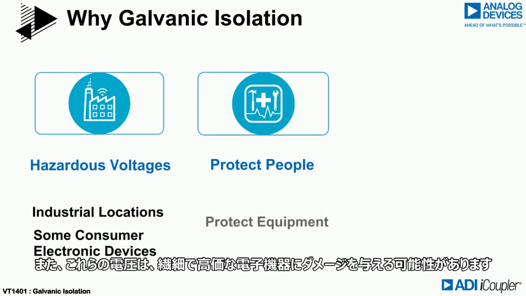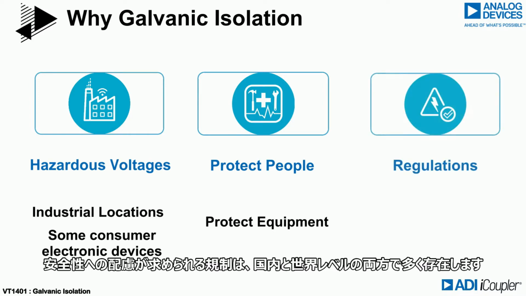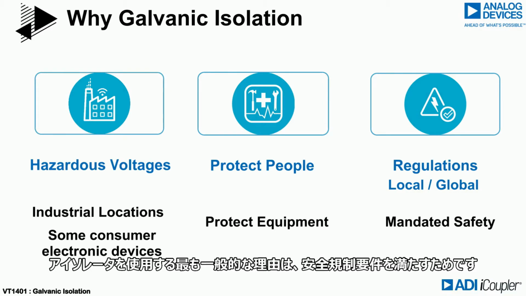Also, these voltages could cause damage to sensitive or expensive electronic equipment. People and equipment need to be protected. There are many regulations, both at local and global levels, that mandate safety considerations. The most common reason to design an isolator into a system is to satisfy regulatory requirements.